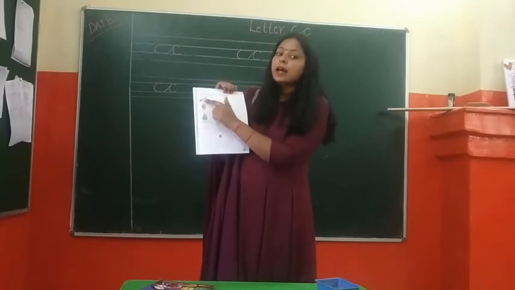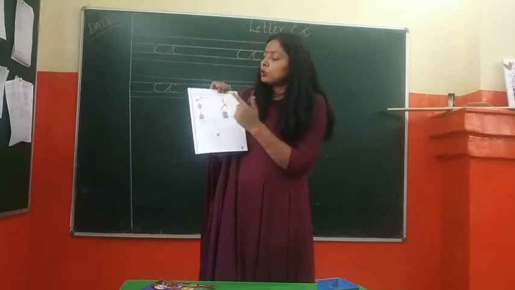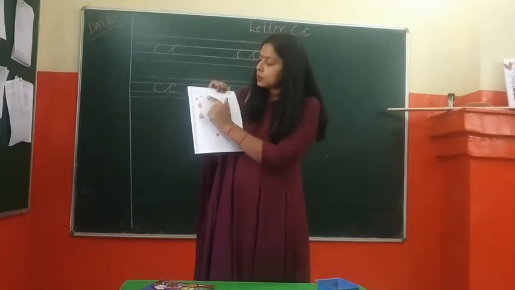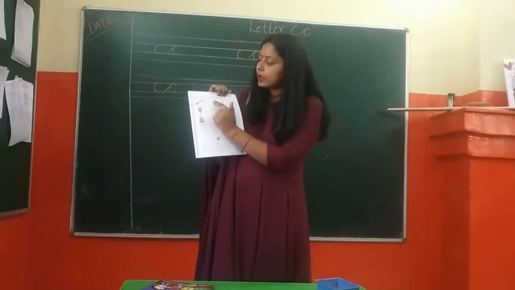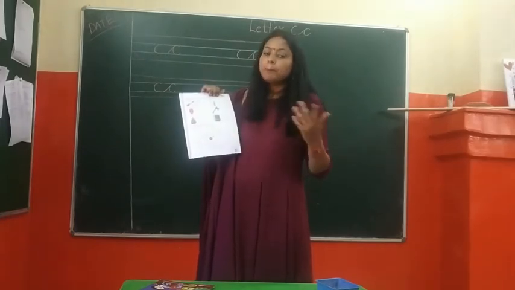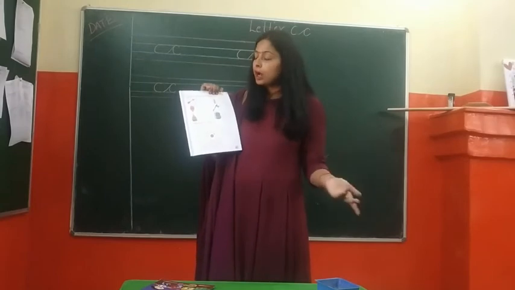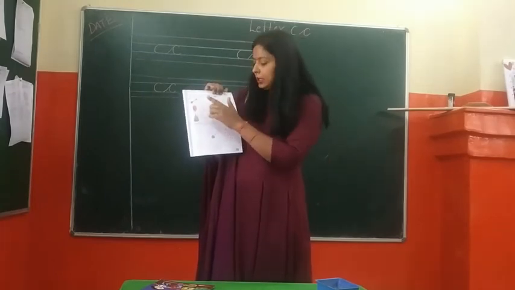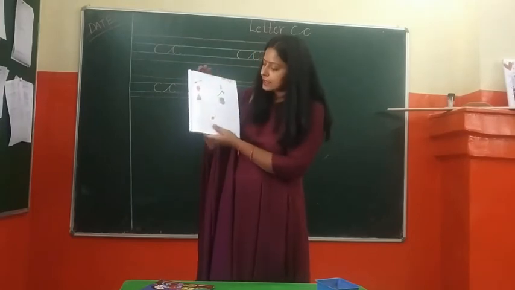Like this is an arrow. Arrow starts from the letter A. So you have to write capital A, small a. Next is balloon. So you have to write capital B, small b. Like this you have to complete this exercise.